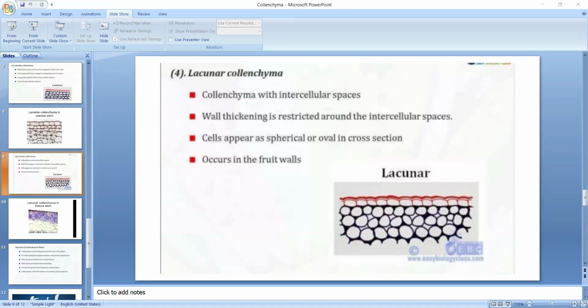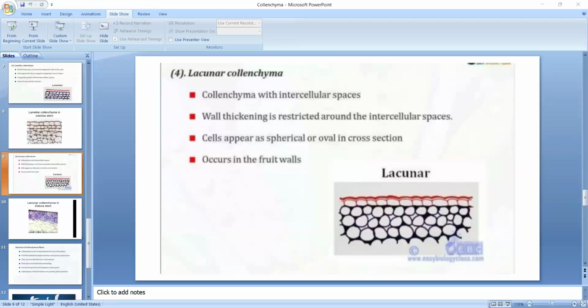So we observed 4 types of collenchyma. Angular collenchyma, examples: Datura, Lycopersicum, Tagetes and Morus. Coming to lamellar collenchyma, examples: sunflower stem, Raphanus, Sambucus. Coming to lacunar collenchyma, examples: Monstera aerial roots, stems of Malvaceae and Lamiaceae.